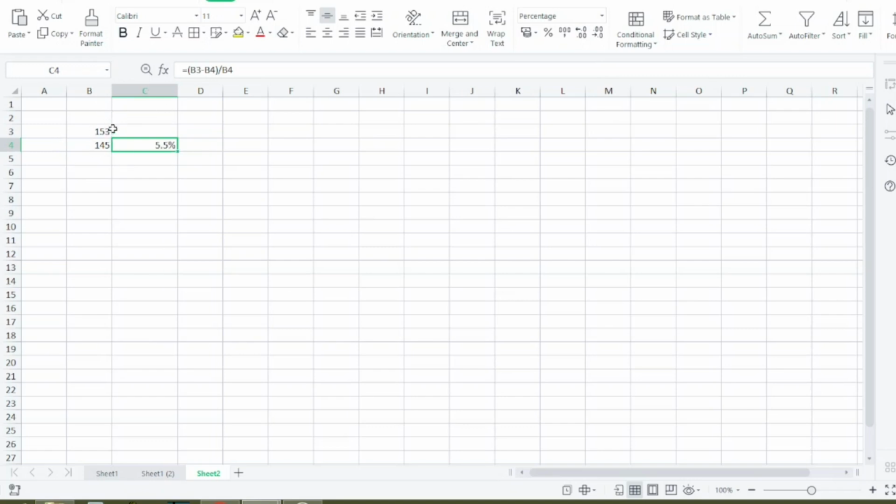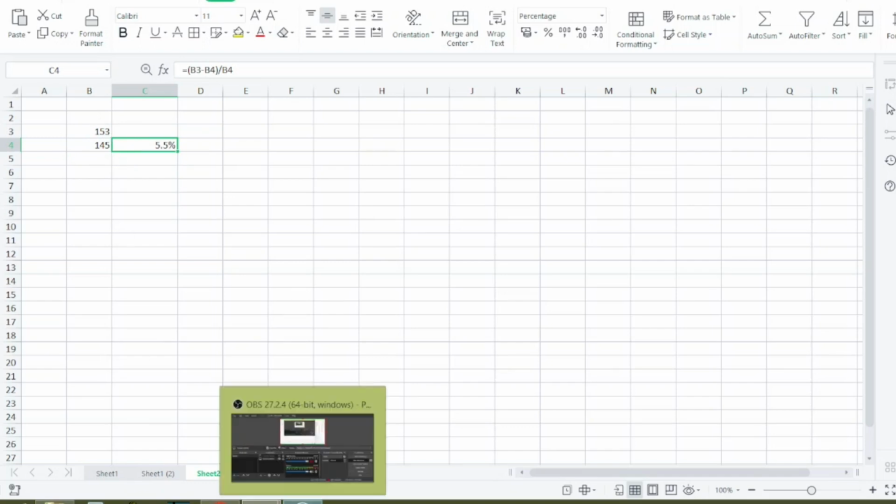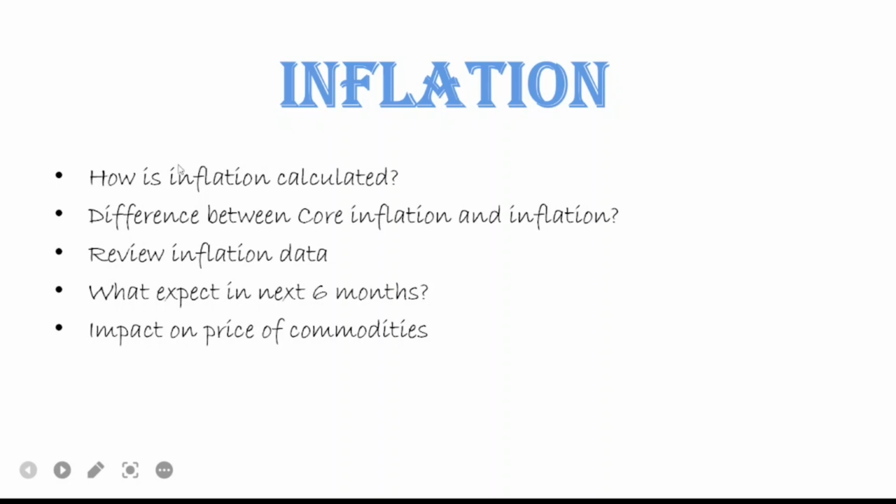Now let's look at what is core inflation and normal inflation. So now that we know how inflation is calculated, let's see what is the difference between core inflation and normal inflation. So overall inflation includes the price of goods, services, food, fuel, everything that we consume, right?